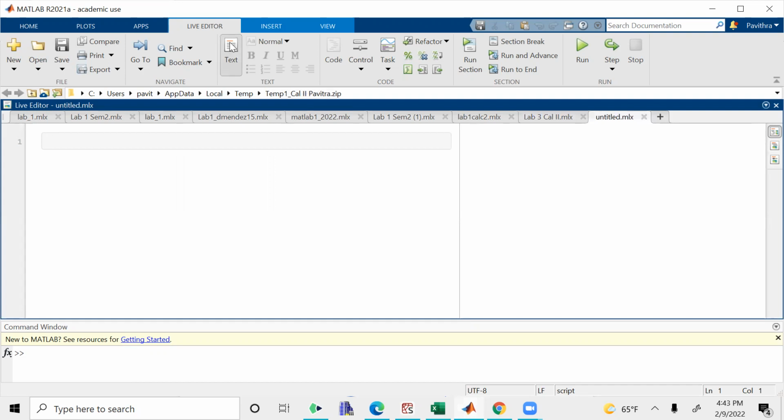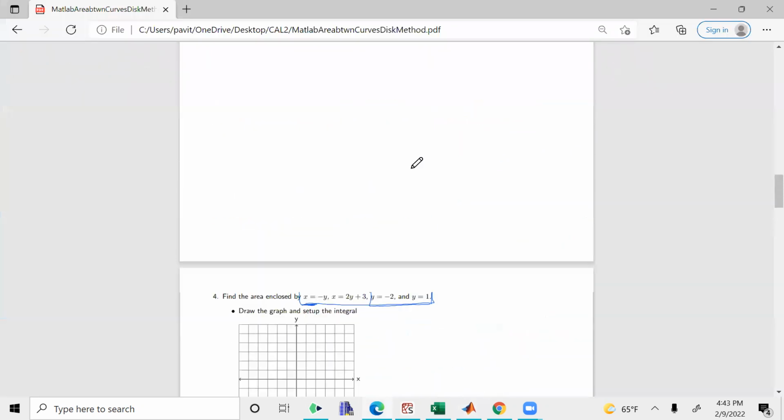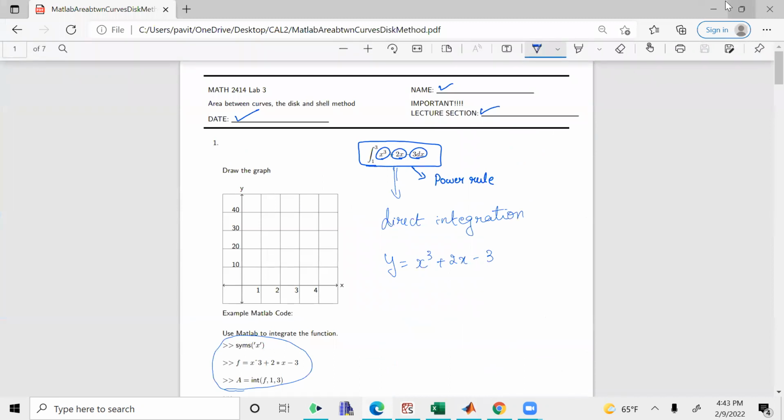Okay, text mode, and write your name and section. Although you're not going to submit this file in Blackboard, okay? You're not going to submit this file. Keep that in mind.